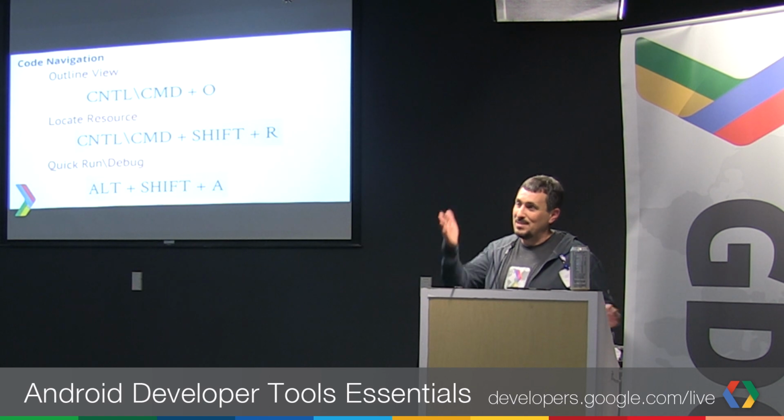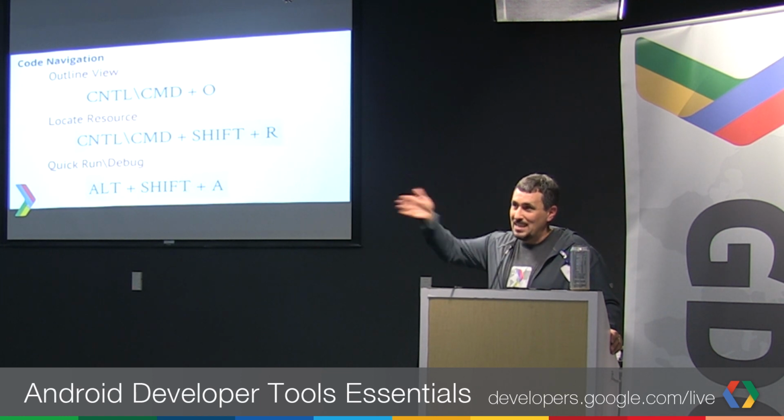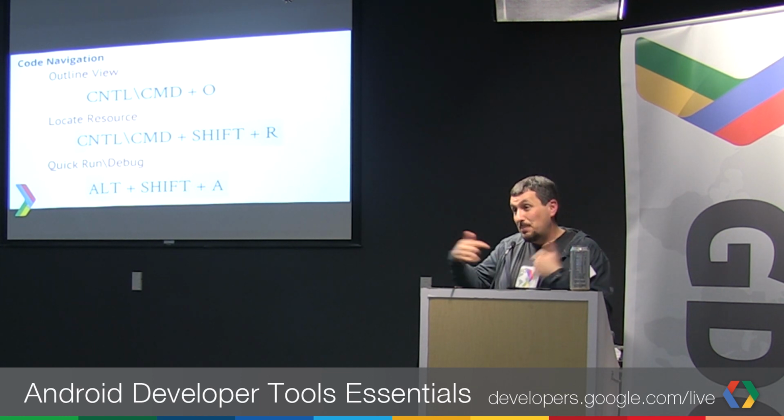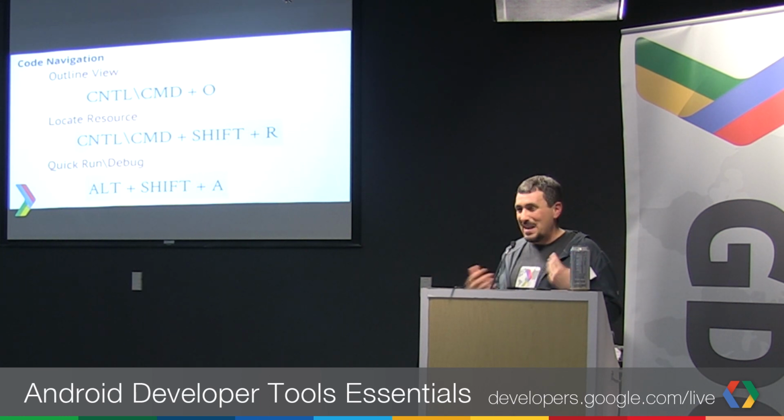Camel case means uppercase C-O-D-E, uppercase P-R-O-J-E-C-T. You can type CP and it will find that CodeProject file. So Command-Shift-R is a really great way to quickly find different files that you're looking for.